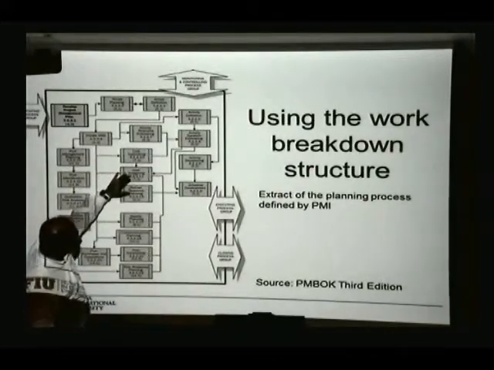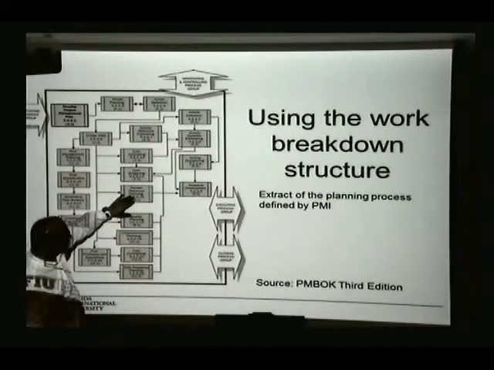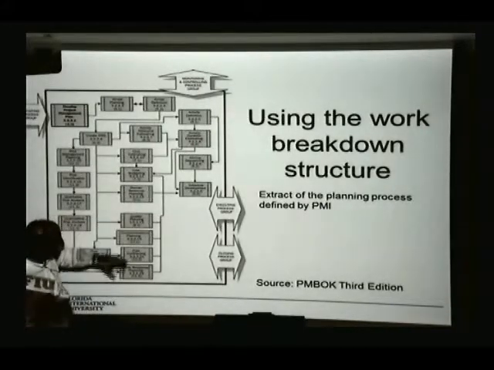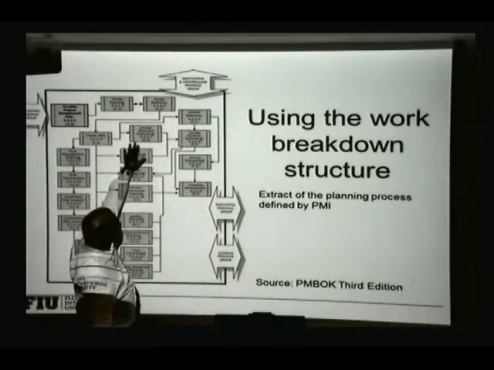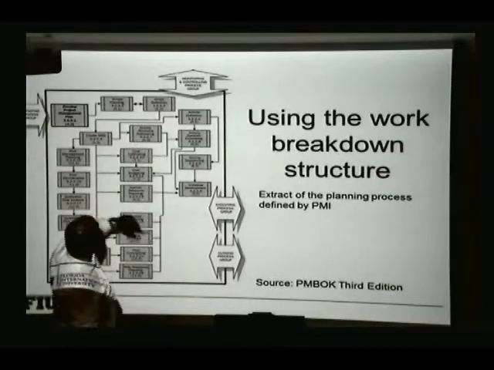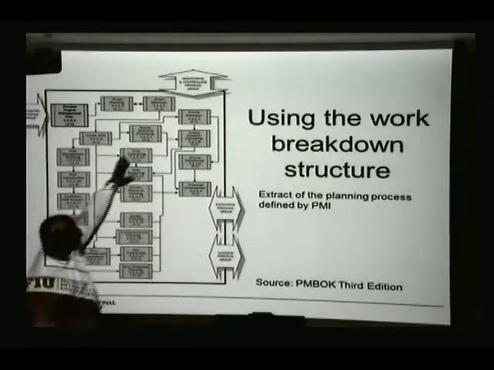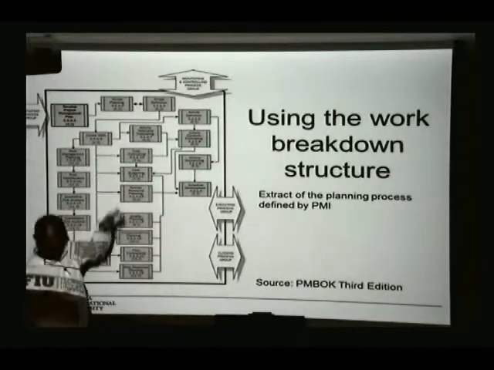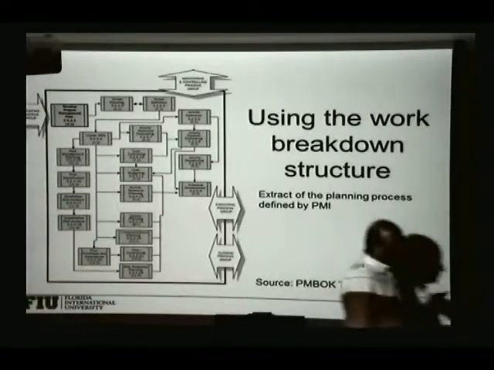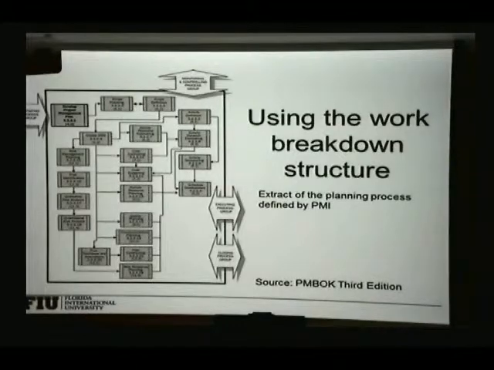Also the cost estimate, budget, human resources, quality planning, communication planning, purchasing planning, activities and resources allocation, and definitions. All of these activities depend on a good, well-created work breakdown structure. So it's an important tool in managing a project.